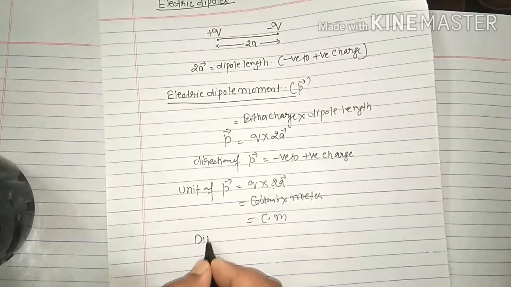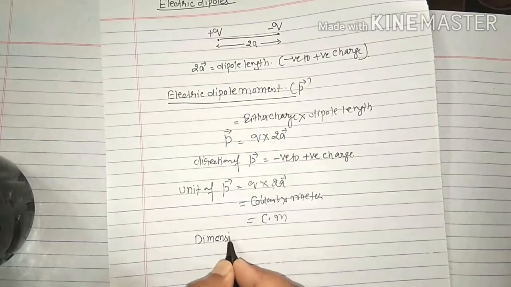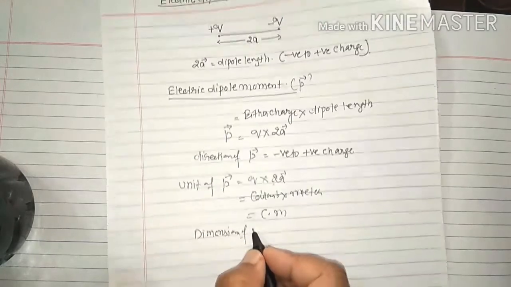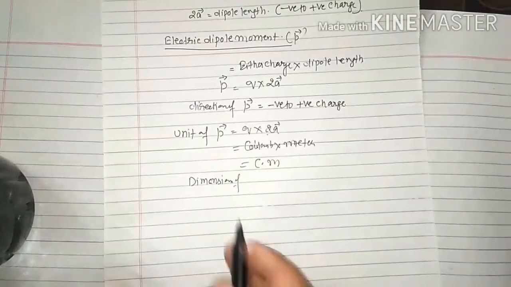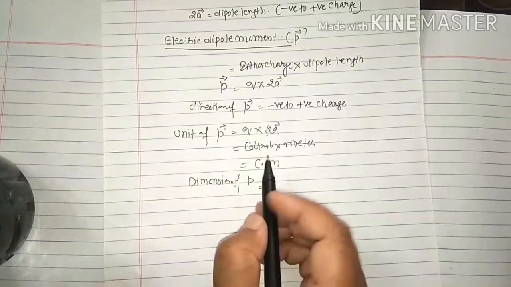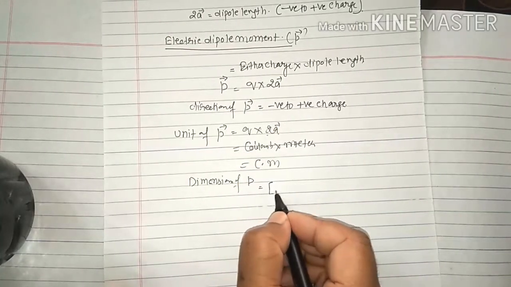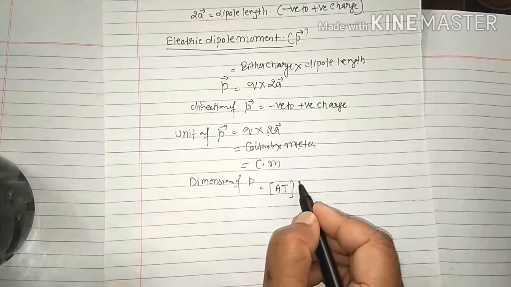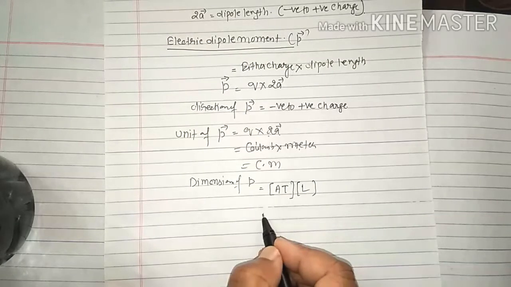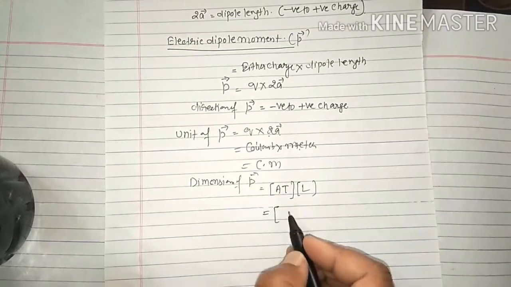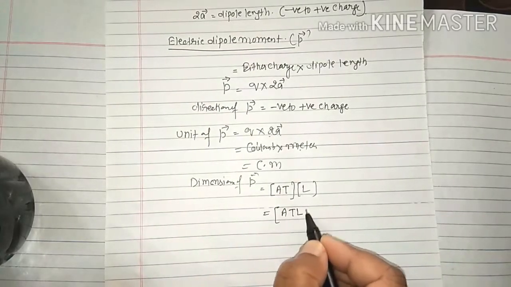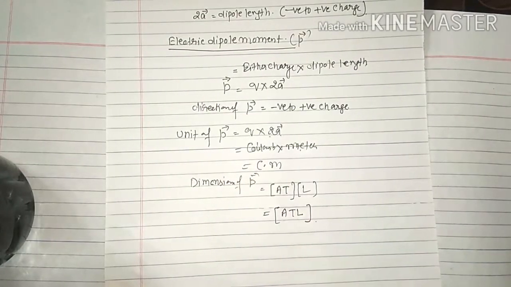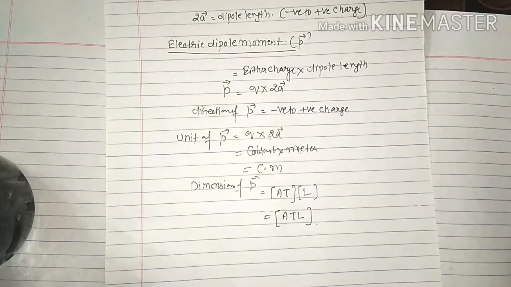And the dimension of dipole moment: the dimension of charge is AT, and the dimension of length is L. So the dimension of electric dipole moment will be ATL.